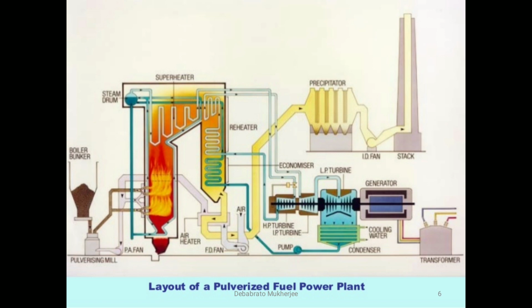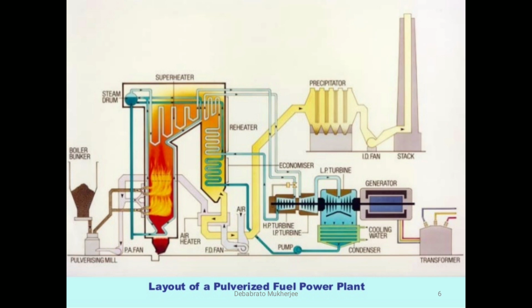Combustion of coal is done in the furnace, where the heat of that coal is given to the steam, so that the steam is heated in such a way that there should not be any moisture.